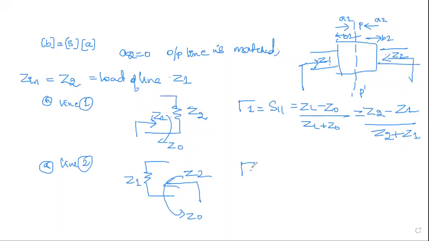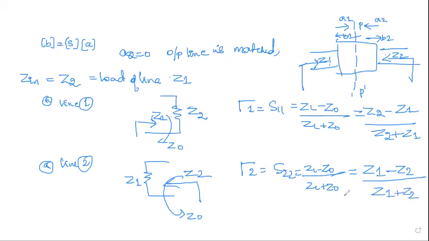So your gamma 2 is nothing but S22, which is again ZL minus Z0 by ZL plus Z0, where your ZL will be acting as your Z1, so Z1 minus Z2 over Z1 plus Z2. Or you can also write it as S22 is equal to minus of Z2 minus Z1 divided by Z1 plus Z2, which is also equal to minus of S11.